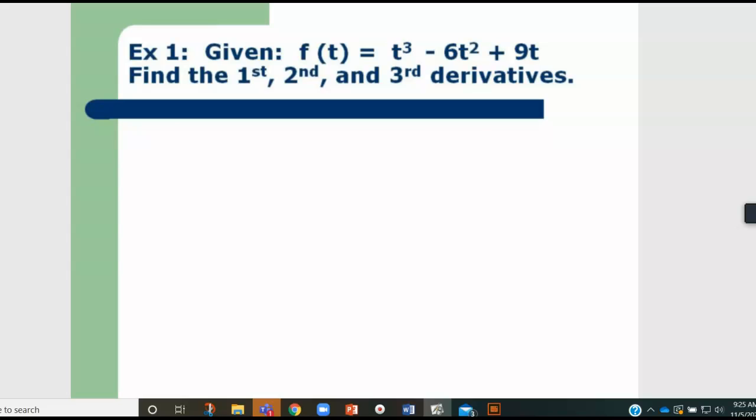So the connection to all of it, we have first and second derivatives, and we can take higher order derivatives using power and product rules. So we can make that connection between them. So this is kind of like a position function. You have t cubed minus 6t squared plus 9t. The first derivative would be f prime t.